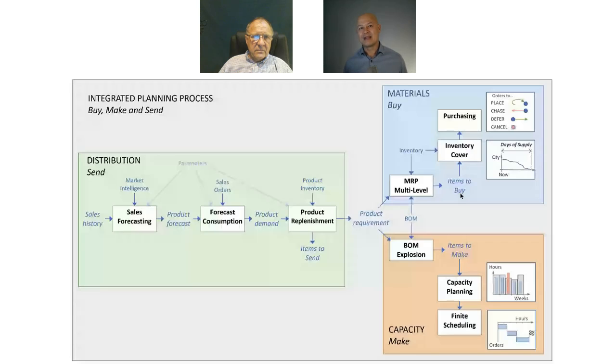So rather than having somebody through meetings, discussions, manually making decisions about what that plan is, all the way from the demand plan out to purchasing and production execution, we're putting in place a system to do those calculations automatically based on some simple rules, logic, and parameters that we can feed into the system.